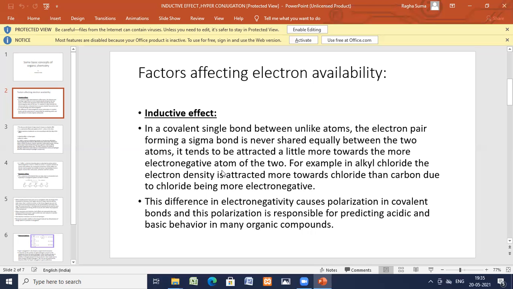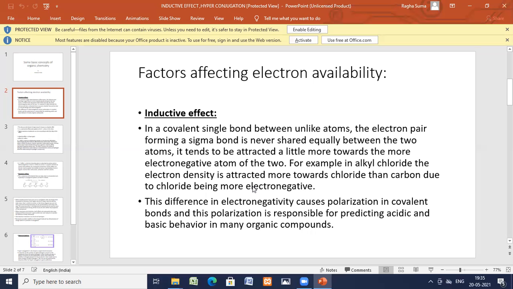In an alkyl chloride, the electron density is attracted towards the chlorine rather than the carbon, due to the more electronegative nature of chlorine. So what you have to understand is that if sigma electrons are involved in affecting the electron density, it is known as the inductive effect.